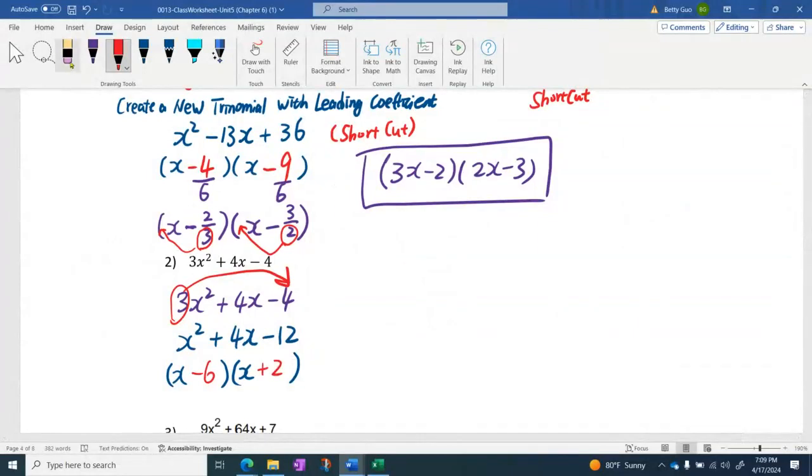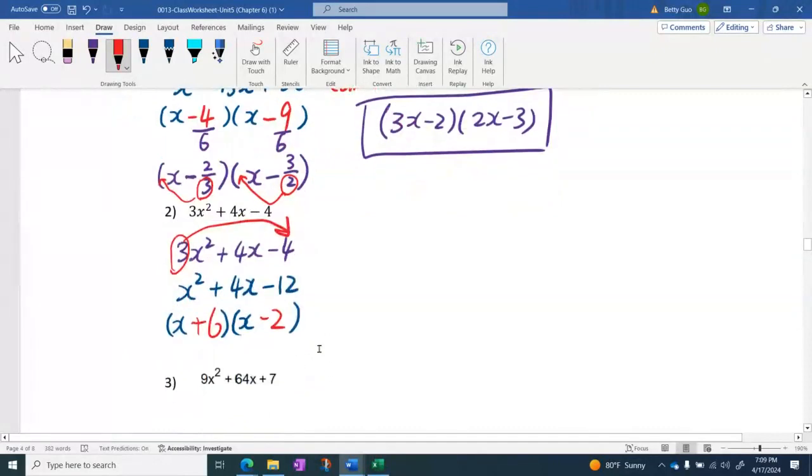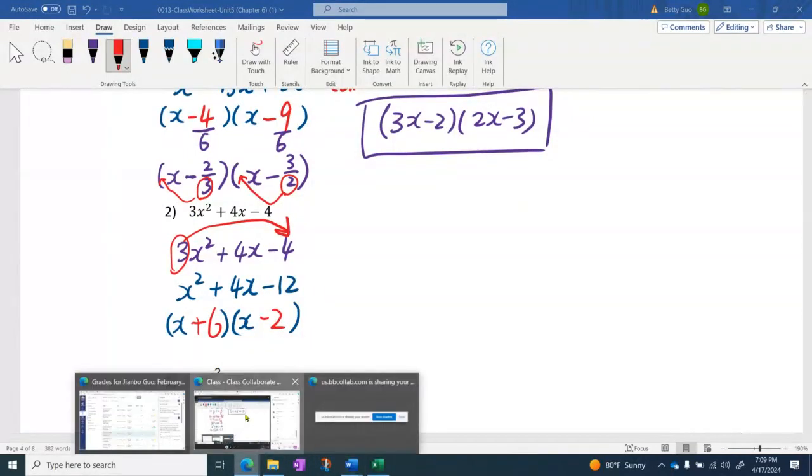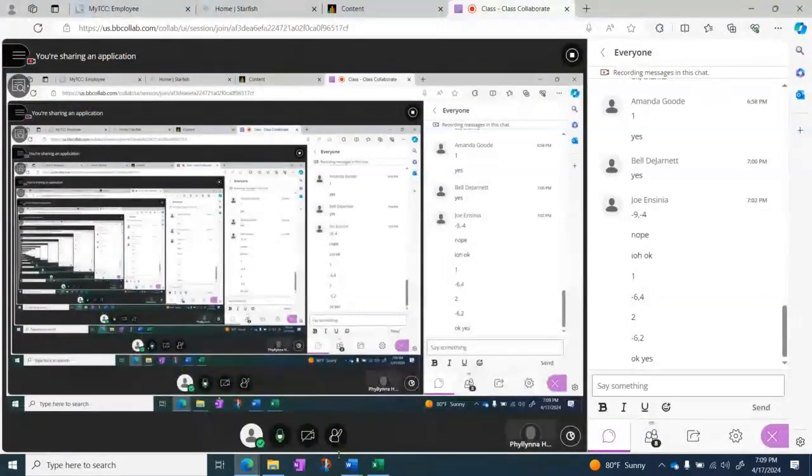Oh, hold on, no. So always double check. Is it positive 6, negative 2? Positive 6, negative 2 multiply to negative 12 and add up to 4. Yeah.